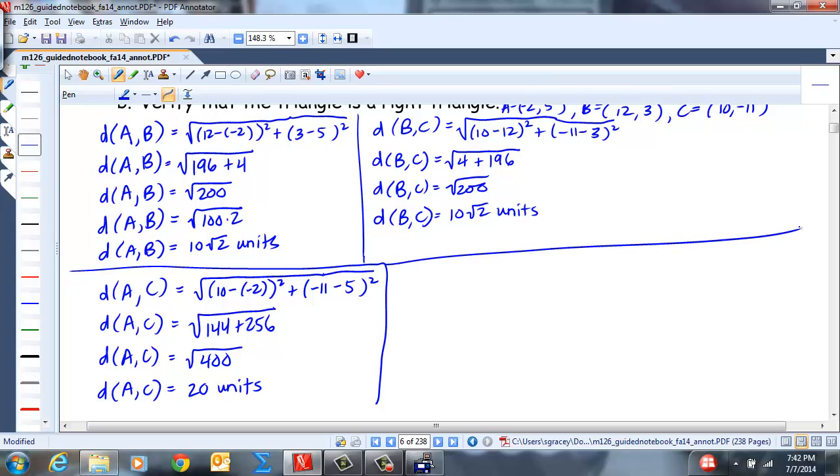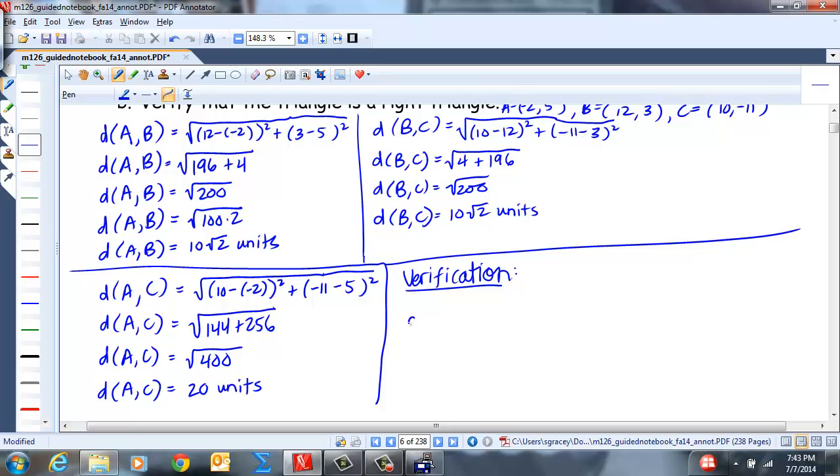So now comes the verification, right? The sum of the squares of the sides has to equal the square of the hypotenuse.